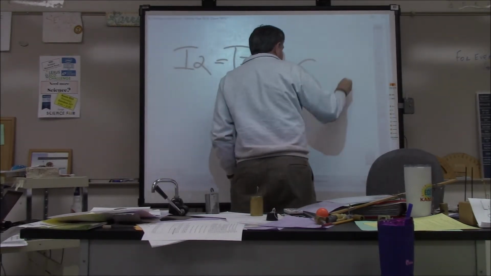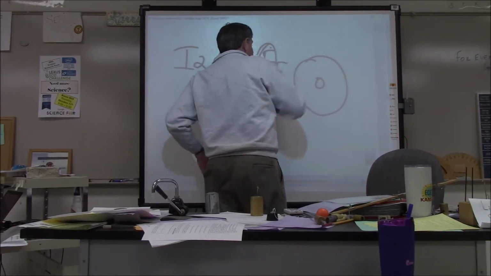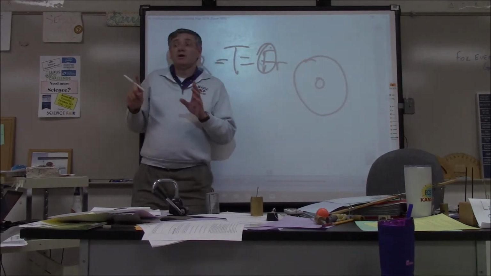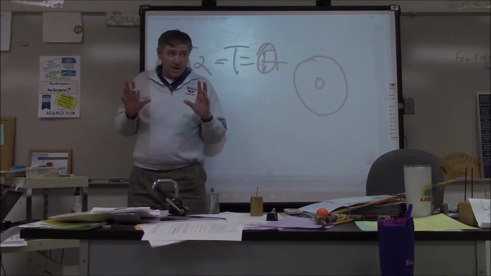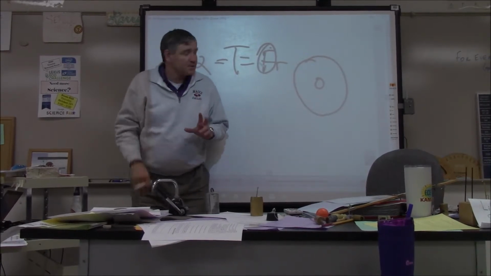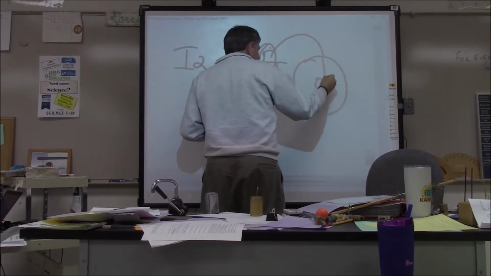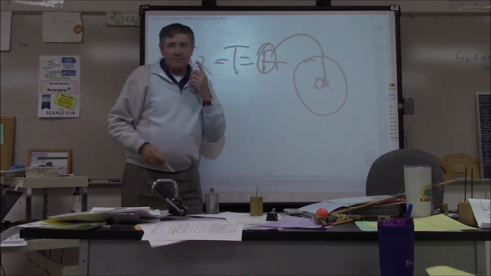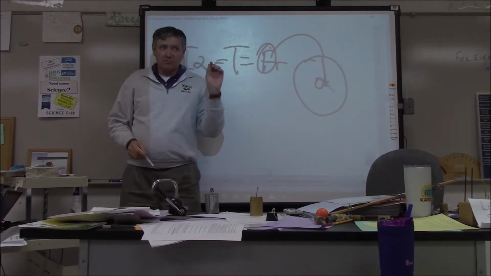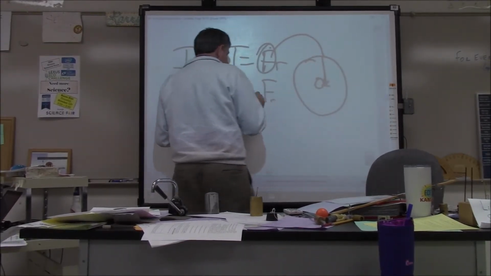So here's the wheel. When I apply that force, here's what's important: you have to focus on what you're holding constant. That's vital. If I apply that force right here, what's happening to the radius? Small radius. So same force, but a small radius.